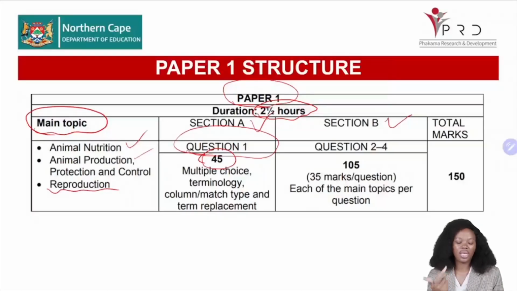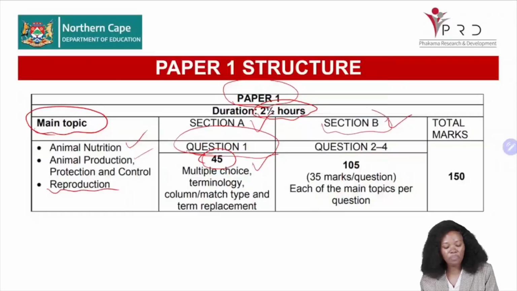Your Section A, question 1, has multiple choice questions, column A and B matching, and the provision of a term and correction of an underlined term. So we will provide you with a term that is incorrect, that does not match the description, and we are expecting you to provide the correct term that matches the description.